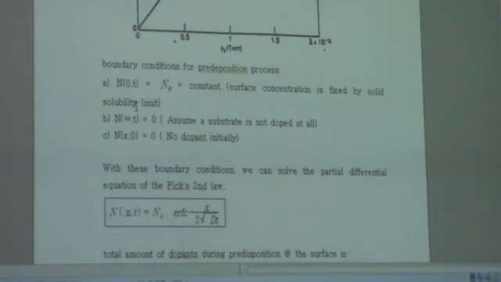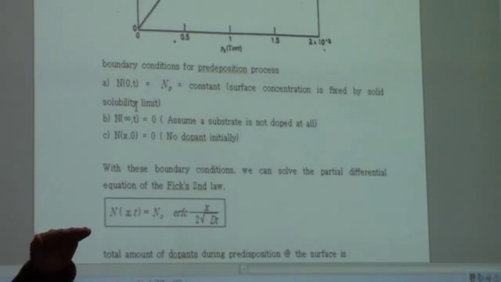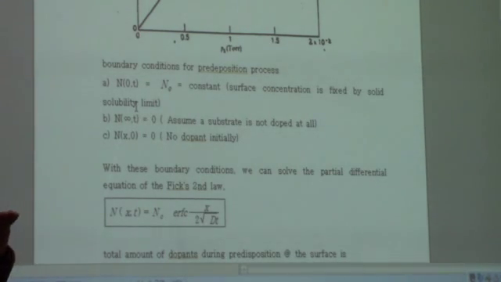Beyond the solubility limit, the dopant atoms are either going to be diffused in, or just sitting on the surface, which is going to be removed afterwards. So the surface concentration is limited to the solubility limit. That is the boundary condition for the pre-deposition.